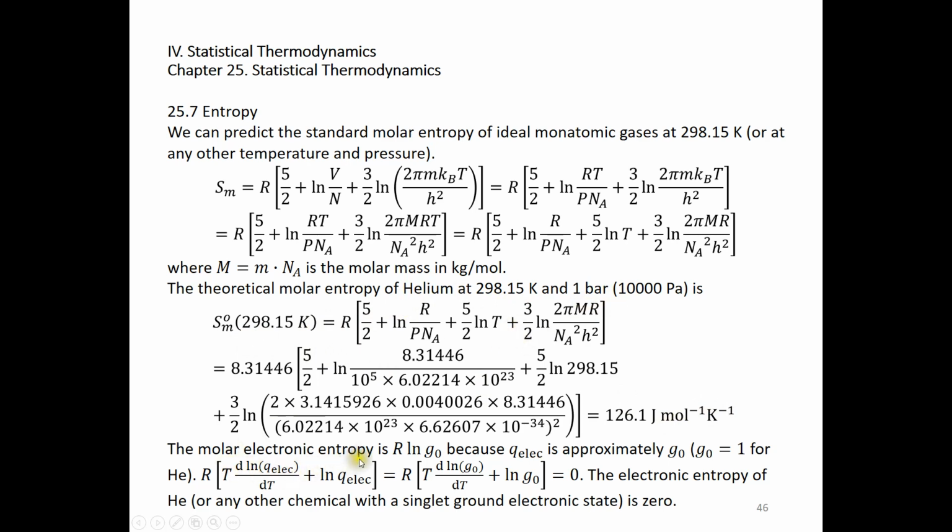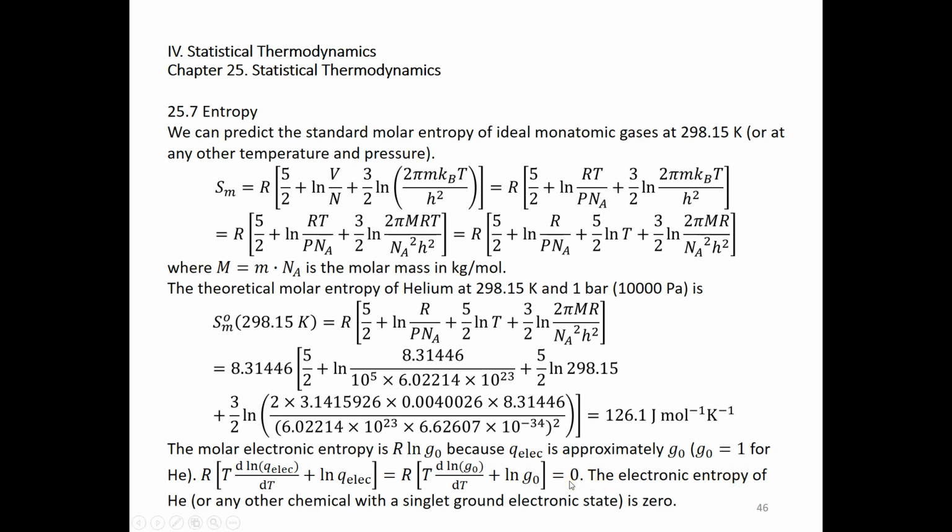The molar electronic entropy is R times the logarithm of g naught, because the electronic partition function is approximately g naught. g naught is just 1 for helium. So if we look at the molar entropy for the electronic energy levels of helium, it's 0. Mostly it's because all helium atoms are in the ground electronic state. I think 99.9999999% of helium is in the ground electronic state.